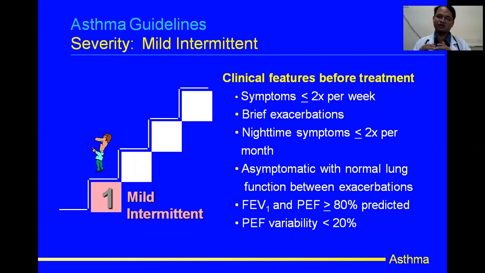And there should be brief exacerbations. The patient is asymptomatic and the lung functions between the exacerbations will be normal and the PEF variability will be less than 20%. Both the FEV1 and PEF will be more than 80% of predicted value.